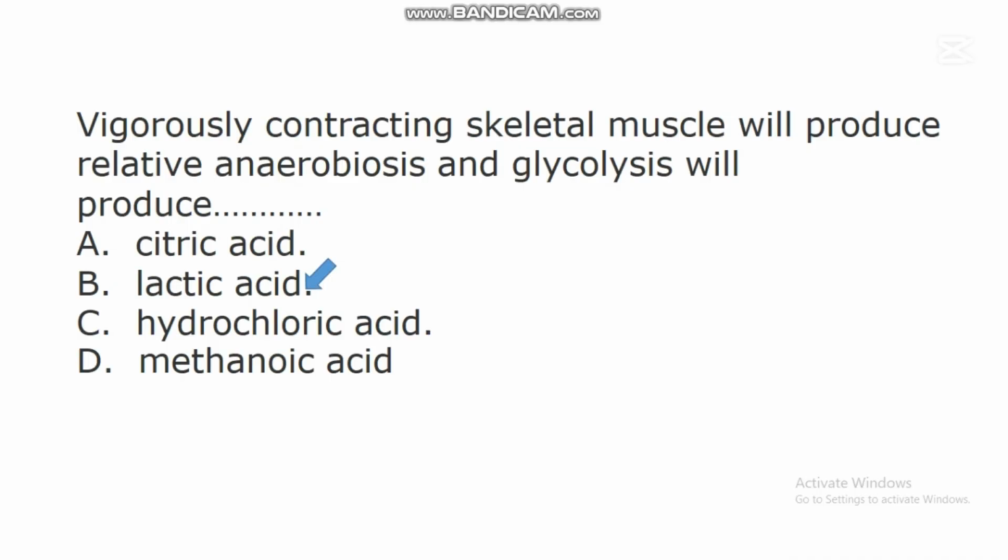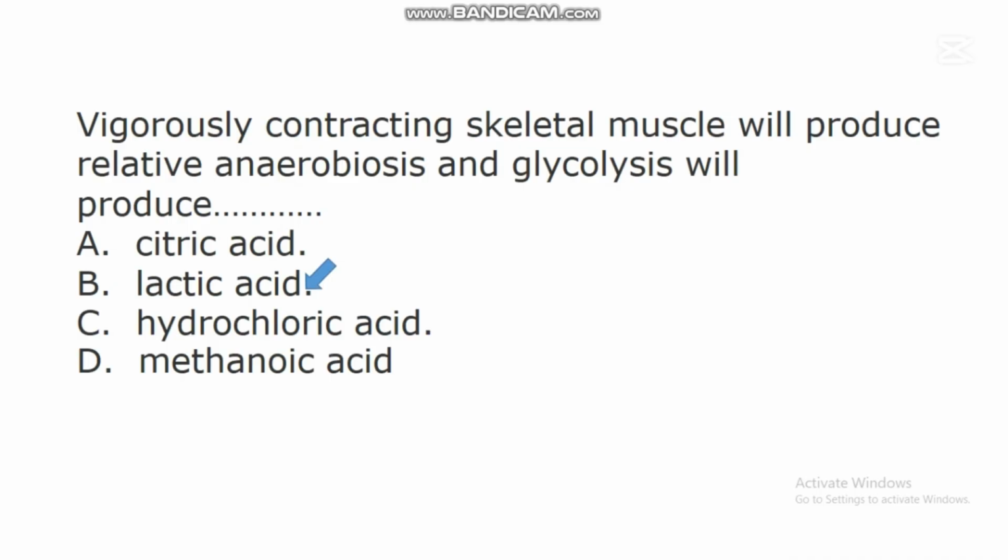Lactic acid. Research has shown that when a muscle cell undergoes vigorous contraction, there will be production of little amounts of energy. Glycolysis will occur in that muscle cell in such a way that there will be production of an acid known as lactic acid.